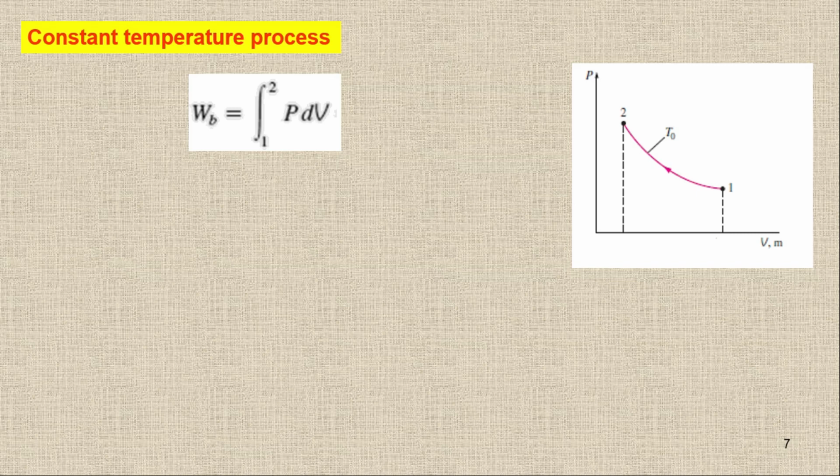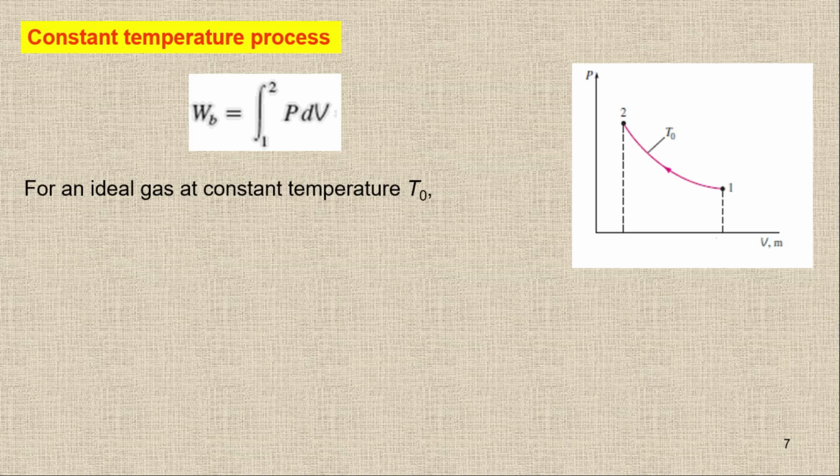In this case, we have to replace the pressure by an expression in which we have volume. But we have a constant temperature process, the isothermal process. So how can we replace it?